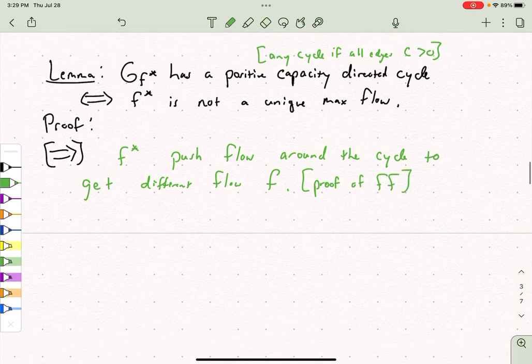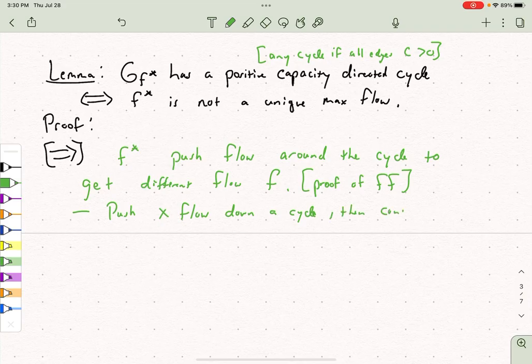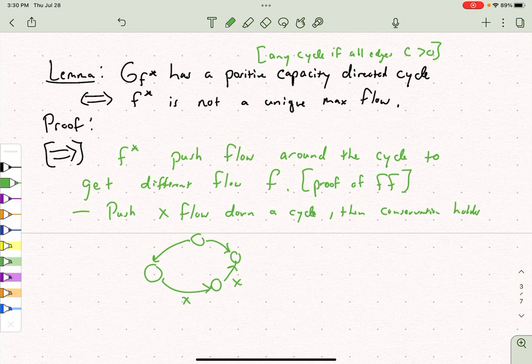But to get a little reminder, the idea is if you push flow down a cycle, just say some unit x on each edge, then conservation holds. Because the inflow in any node, say v, is inflow x and outflow x.